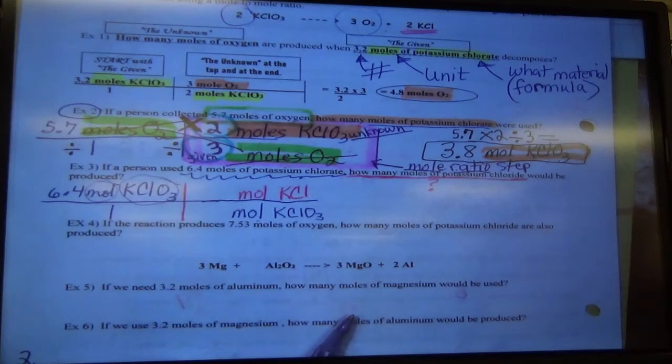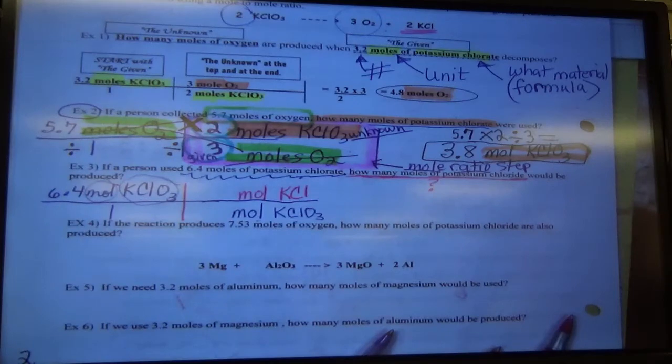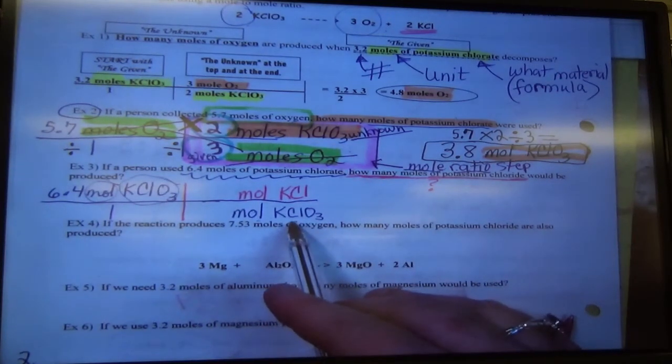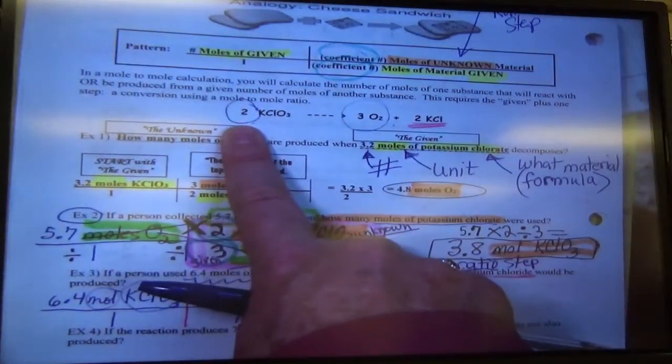Okay. Now, we have to decide on the numbers. And remember that the numbers come from the coefficients, right? So, what number goes on KClO3? Here's KClO3, so it's a 2. You okay with that?